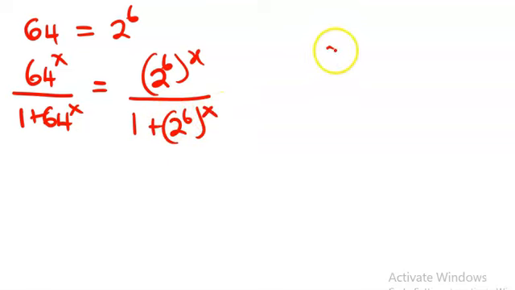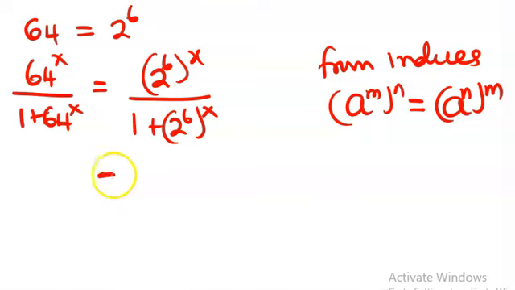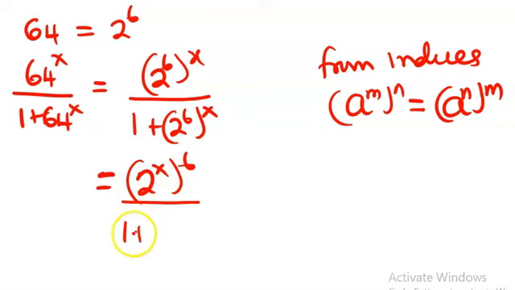Okay, from indices, a raised to the power m all raised to the power n can be written as a raised to the power n all raised to the power m. So this becomes 2 raised to the power x all raised to the power 6 over 1 plus 2 raised to the power x all raised to the power 6.